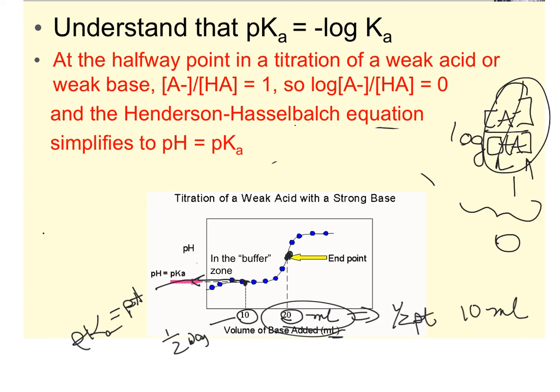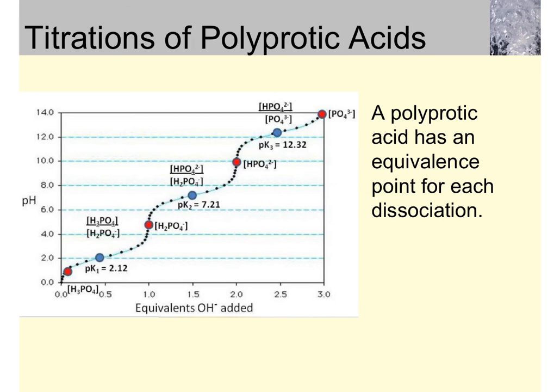And finally, to end this PowerPoint, if a polyprotic acid is titrated, you will see an equivalence point for each of the acidic hydrogens. So you might be given a graph like this, for example, and asked, is this a diprotic acid or is this a triprotic acid? And they should have shown this as going up a little bit more.